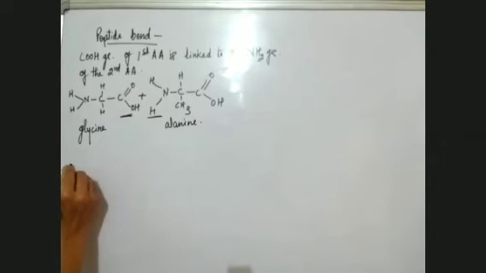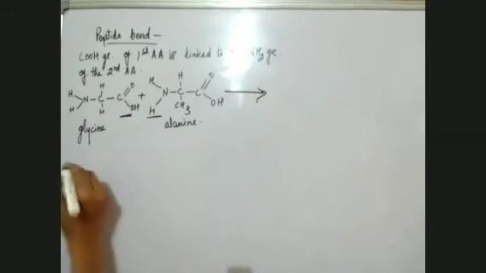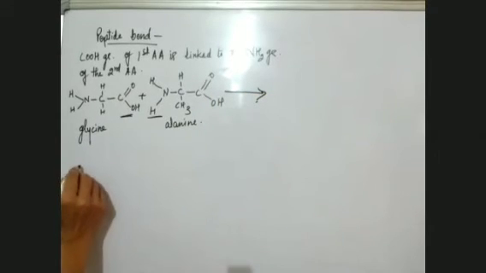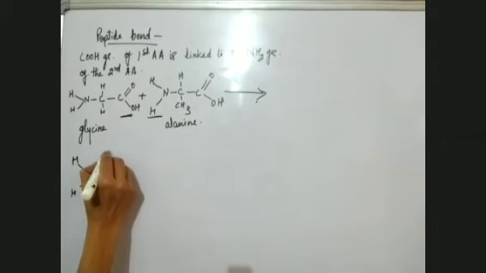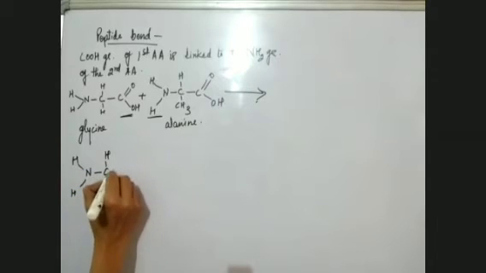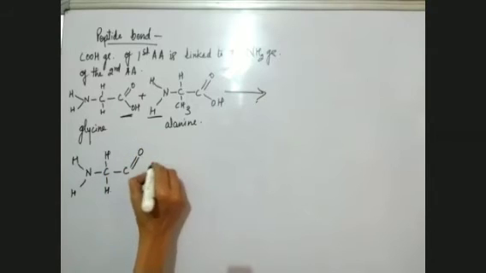During the linkage, again, what we will get, I'm making it here: N, H, H, C, H, H, C, double bond O.